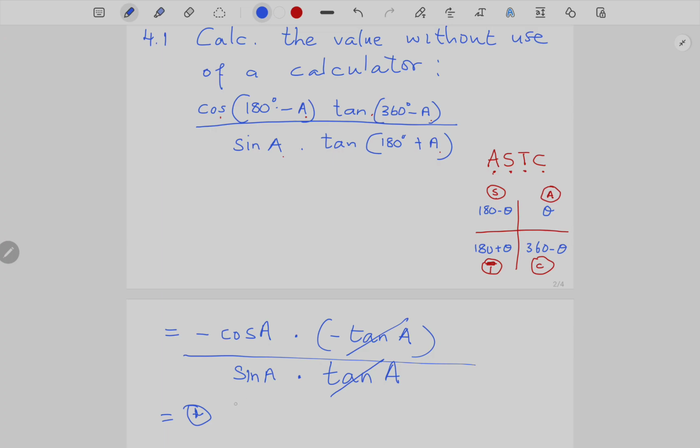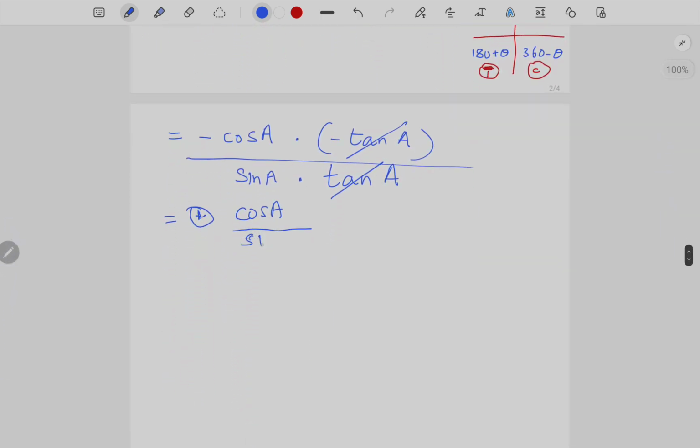Then we're left with positive cos A all over sine A. Our answer is positive already, but we can rewrite cos A over sine A in terms of one trig ratio, which is the same as cot A. This is the simplified answer. That means we must give it in terms of one trig ratio. What is that trig ratio? It is cot A. So this is the final answer.